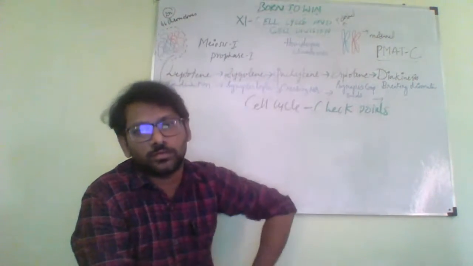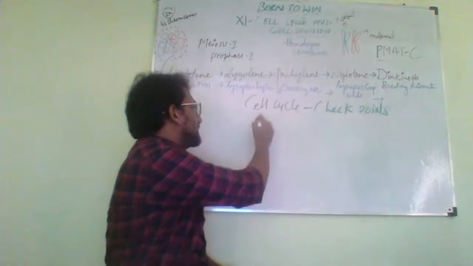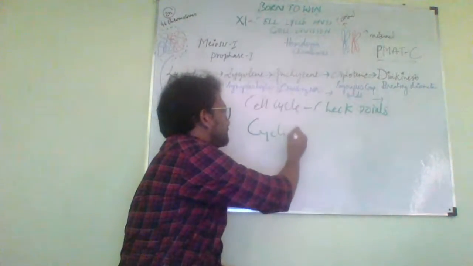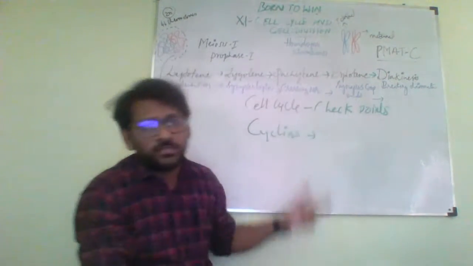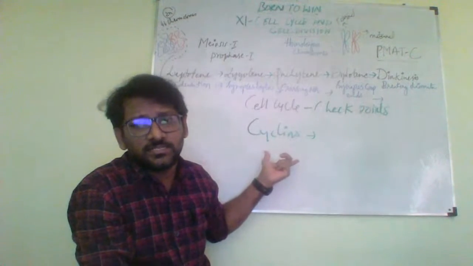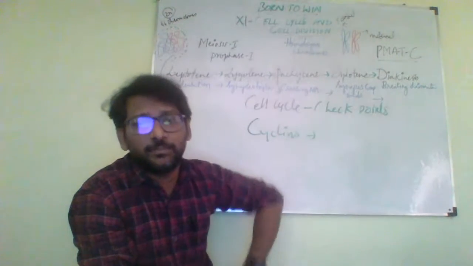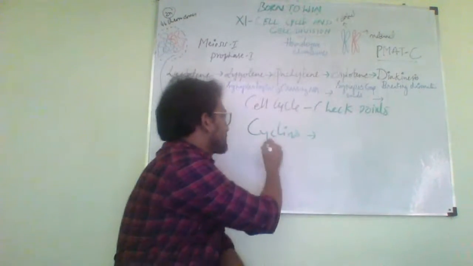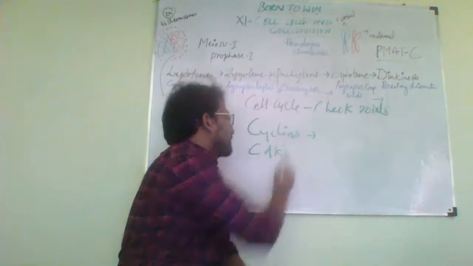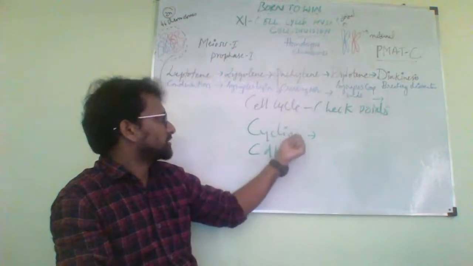One group of the regulatory proteins is cyclins, right? You would have observed while writing NEET exams, I would have asked these questions also. We have cyclins and cyclin dependent kinases, that is CDKs. So you need to know their functions also.